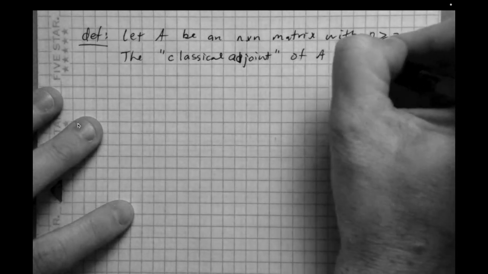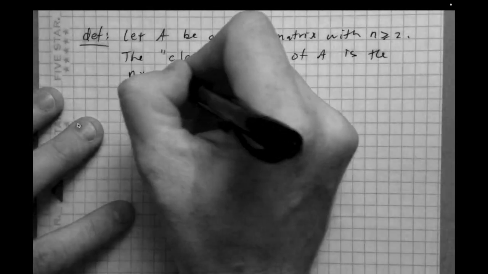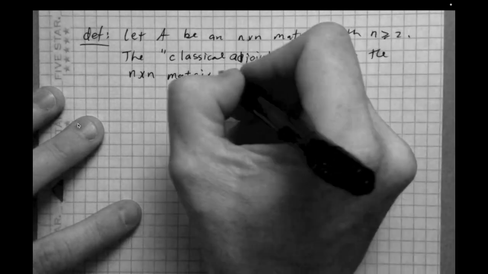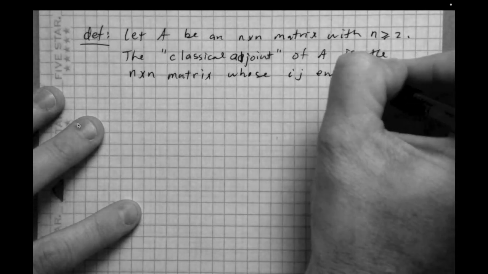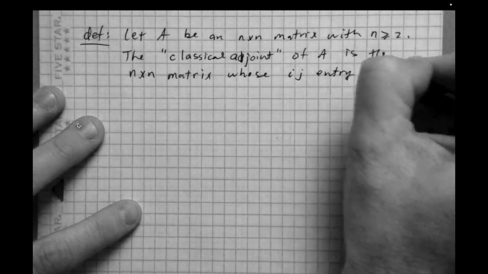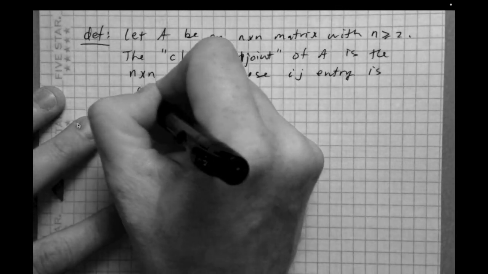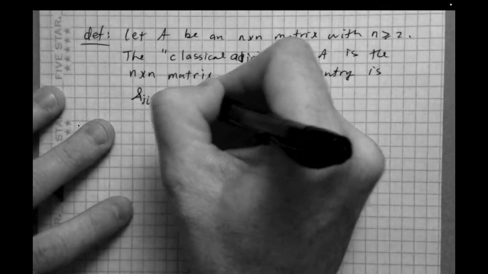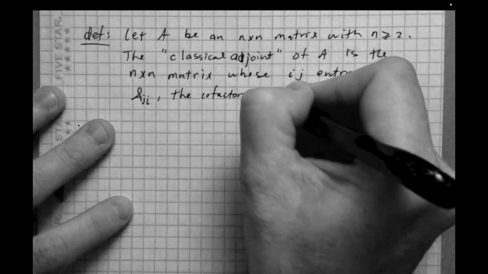is the n by n matrix, right? So the adjoint is a matrix. It's the n by n matrix whose ij entry is cofactor ji of A. Okay.